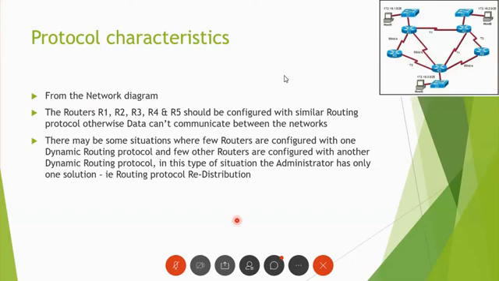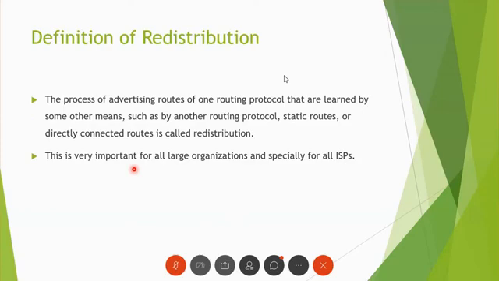But certain big organizations might have started as a small organization initially, and as they grow, they would have used different protocols. So to ensure that there is communication throughout the network, we have to enable the process called redistribution. What do we mean by redistribution?